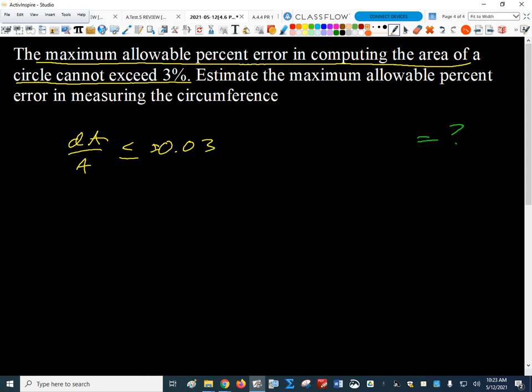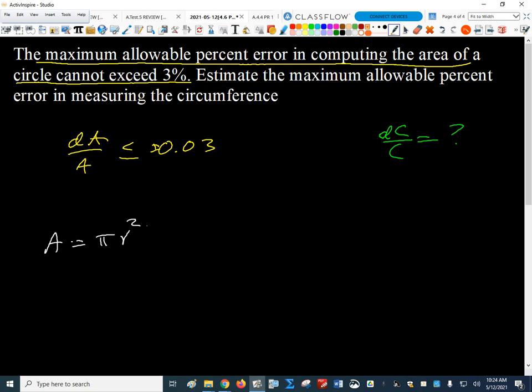Percent error in circumference has to just be dC over C, right? So somehow we've got to figure out what that is. We've got to be able to solve algebraically, after we do the calculus, for dC over C. So what is the relationship? We've got to come up with the relationship between area and circumference. Well, how are we going to do that? We know area of a circle as a function of r, right?